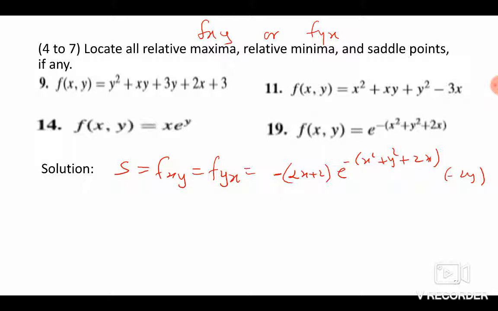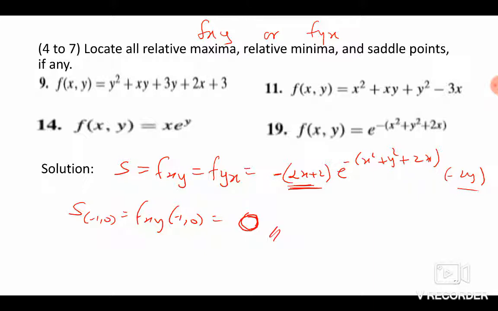Chain rule, second chain rule is not possible because this term does not have y, so that should be kept. Only the exponential has the y, so that's it. Now find s at negative 1 and 0, that is fxy at negative 1 and 0. X is negative 1, y is 0. When x is negative 1, this term will be 0, and y is 0, obviously this one will be 0, so everything is 0. Check.